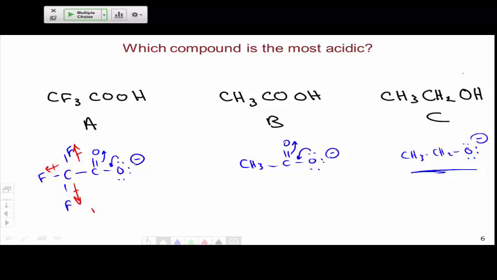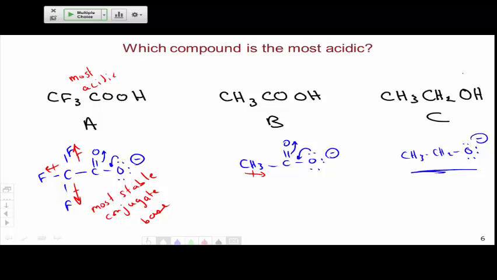So this is the most stable conjugate base, which makes this the most acidic. Now I'm just going to comment on this. We know that the methyl or alkyls in general, from chapter 16, are donating by inductive effect.